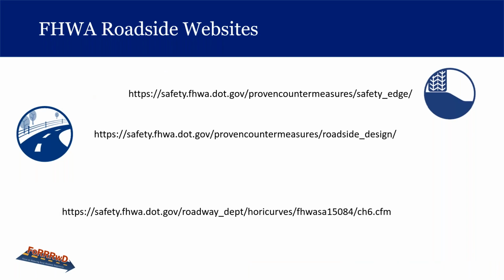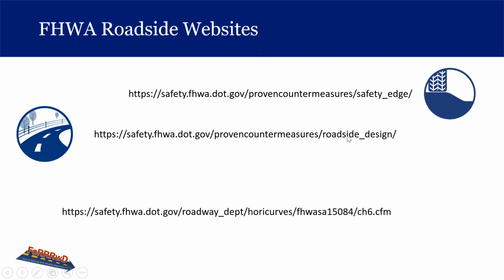Okay, so of course I always give some links to where you can find this information and more information on these different countermeasures. So here's 3 links that you can go to on the FHWA Office of Safety. There's one called the Proven Countermeasures page, with one on the safety edge.